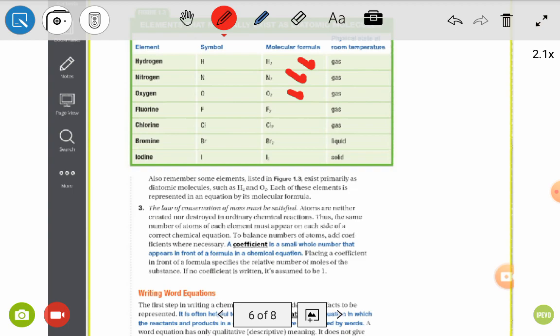The table is discussing that the mass of the element, whatever the state of the element at room temperature, whether a gas or a liquid, is never going to change inside a chemical reaction. In a chemical reaction, the element is not going to change. We can say that mass is neither created nor destroyed inside the chemical reaction. You will find that the mass did not change, just a change from one compound to another.